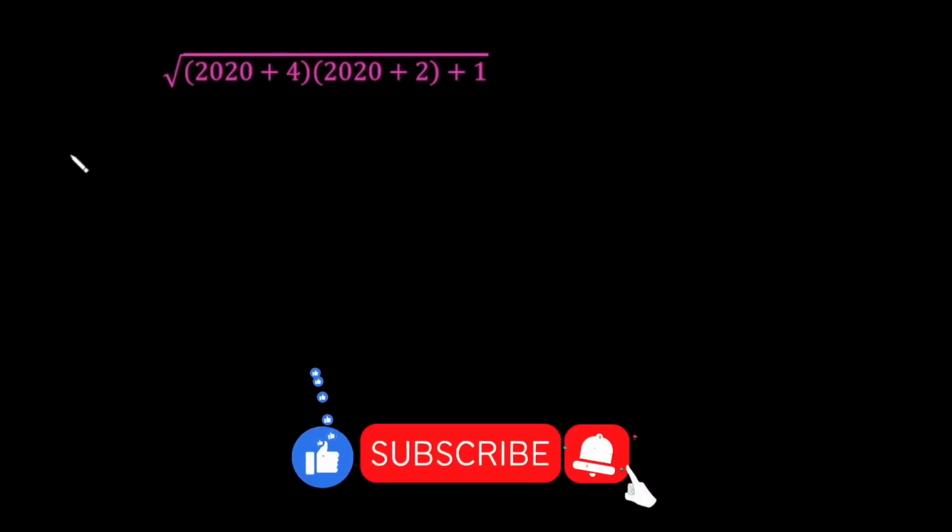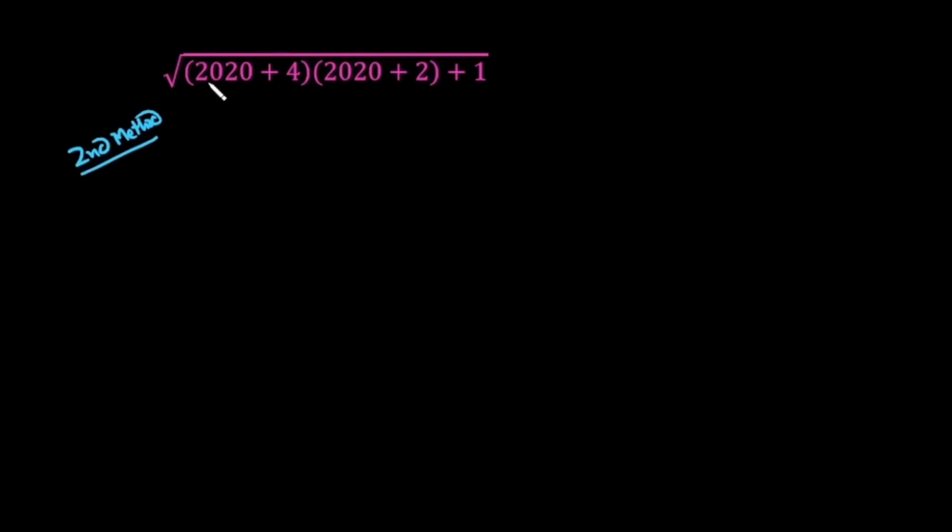Now the second method. In this method, if I add 20 plus 4 and 20 plus 2, so this is equal to 2024, 2022, plus 1 under root.